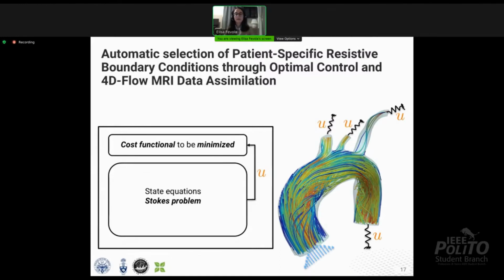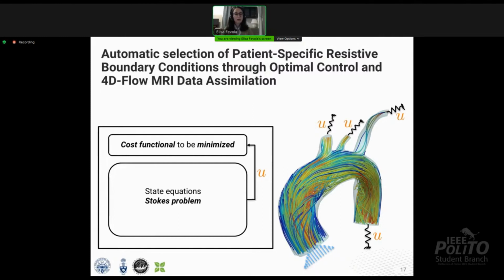In my case, it is Stokes equations, which model the motion of blood in our vessels. In this case, I'm working on the aortic arch. And I will reach the minimum by changing control functions, U. In this case, the control functions are the resistances used as the outlet boundary conditions.